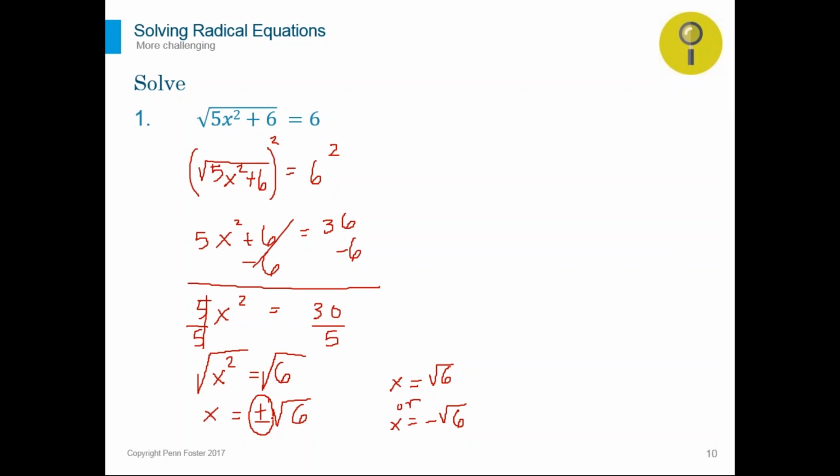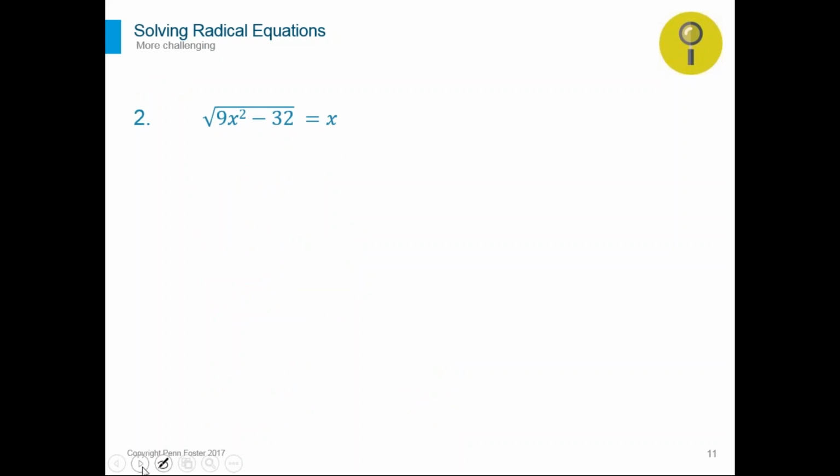Let's do more. Okay, what if we have another equation like this one? The difference is we have a huge radical expression on the left, but we have a variable on the other side. We're used to having numbers on the other side. What should we do? Well, we're going to follow the same plan.